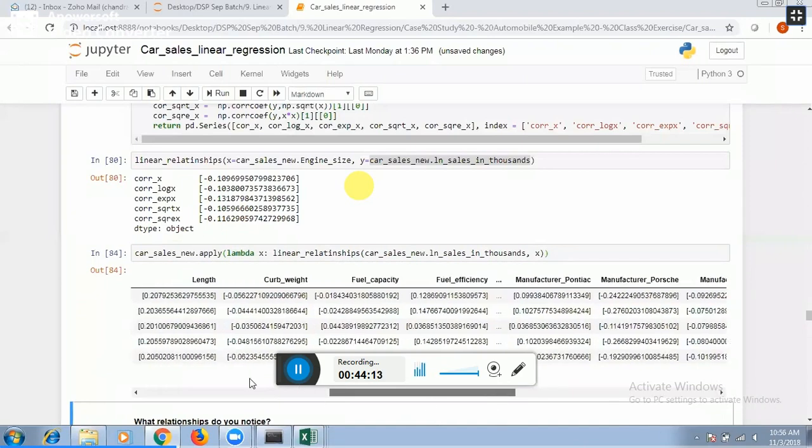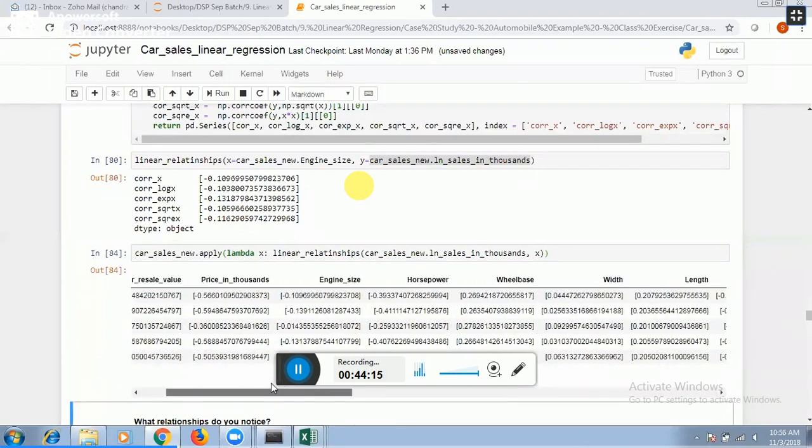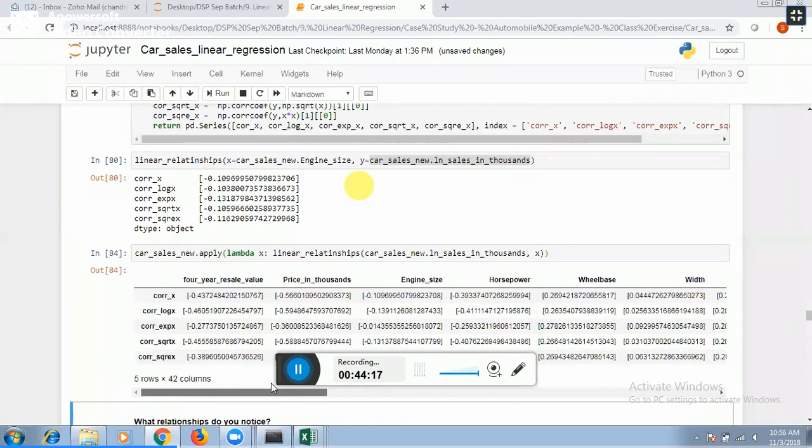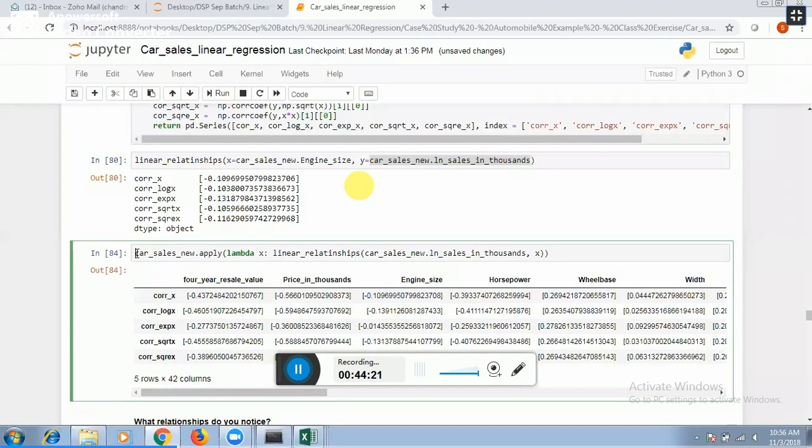Correct. Now you can easily look at these correlation coefficients, and now you can export this. So basically you can think about it as, okay, this is my correlation, a linear relationship with your y.